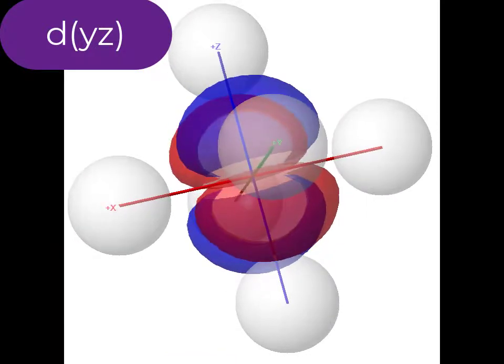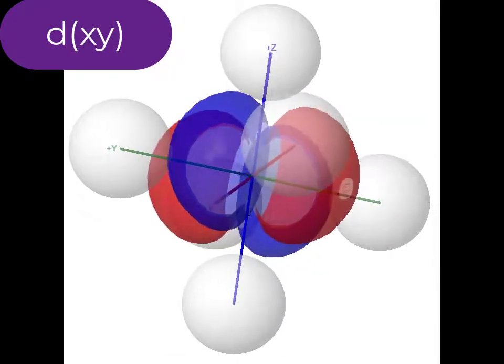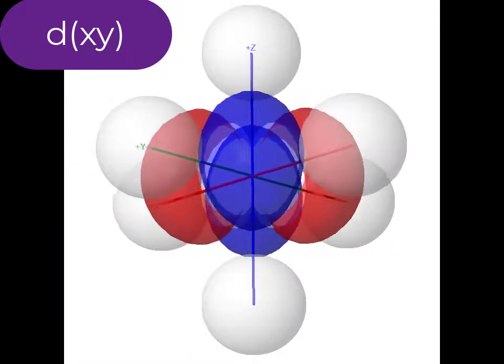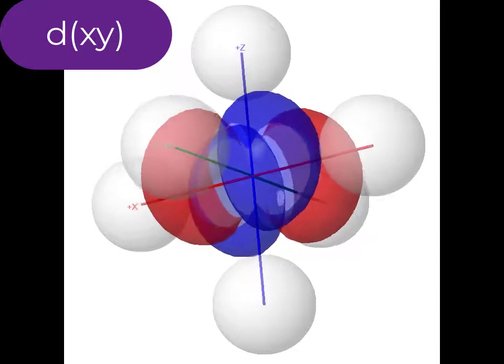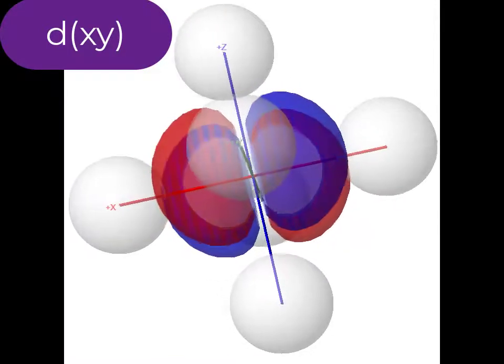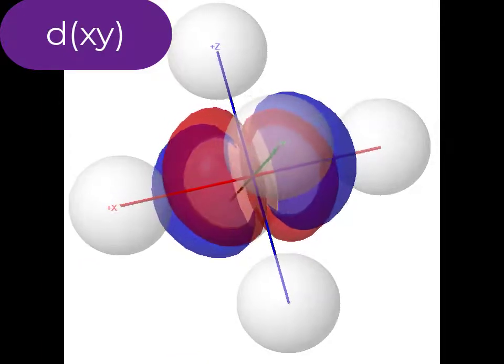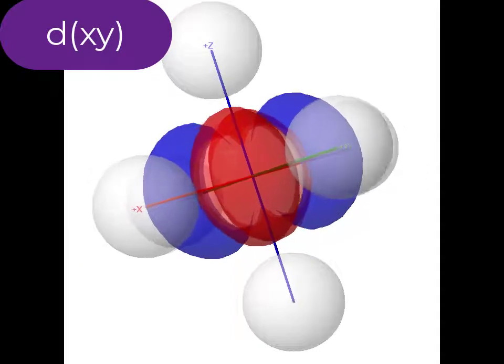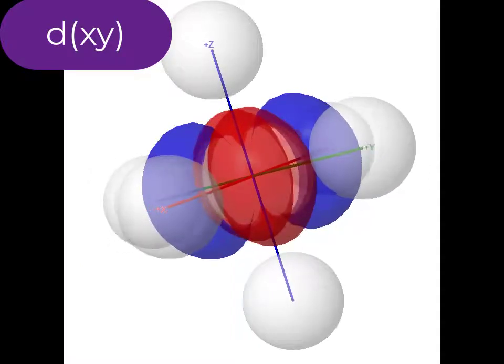Moving on, we'll see that the same exact situation occurs for both dxy and dxz. So let's look at xy first. As we see this rotation, as it's slowly processing about on the screen, we can see that all of our ligands, again, directly fall inside the nodal planes of our d orbital.